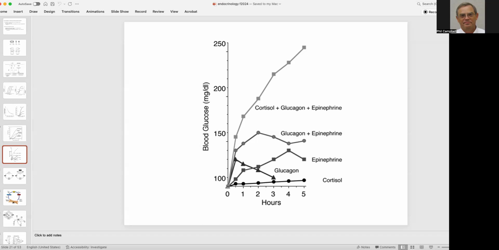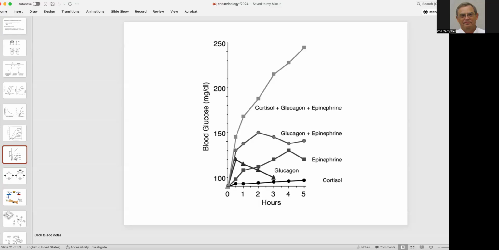I'm not saying that they are competing for binding on the same receptors. They're binding to their own receptors, but those downstream pathways can do one of three things. It may be completely independent. In other words, if I stimulate with two hormones, they have completely independent effects.